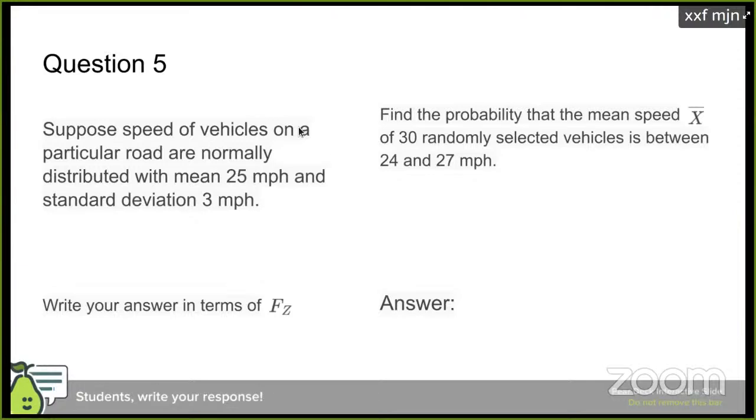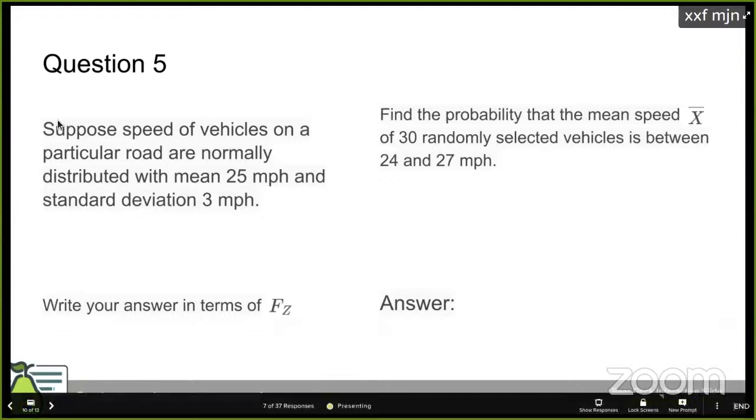Basically we are finding P, not mod here. So 24 minus 25 is greater than minus 1 and the other is 2.